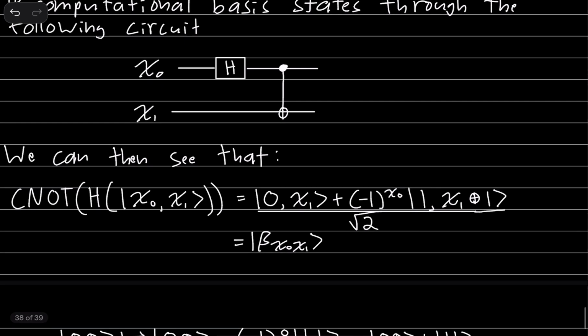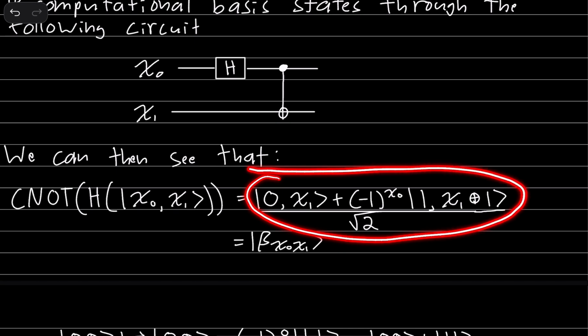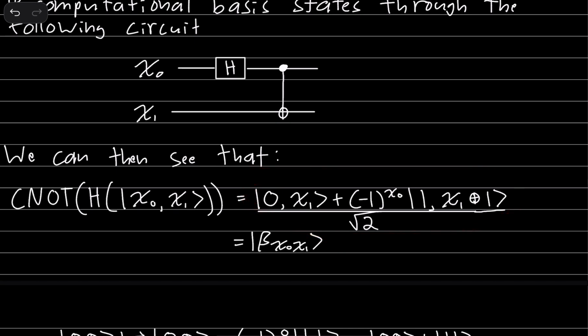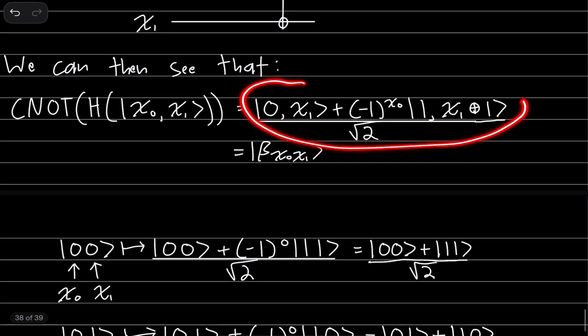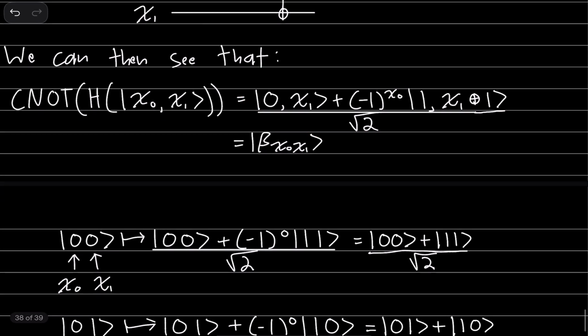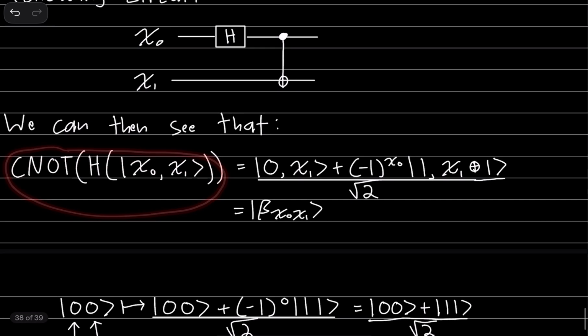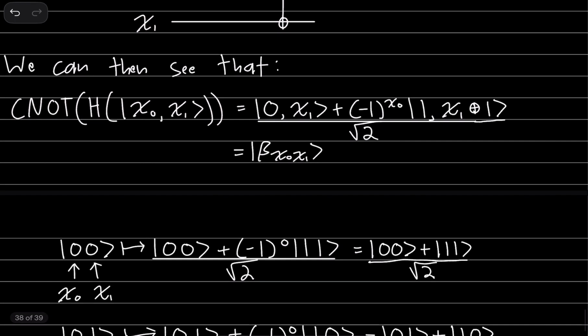We can express this as an equation, a function of x0 and x1, which are either 0 or 1. This equation is just a reflection of this circuit diagram.